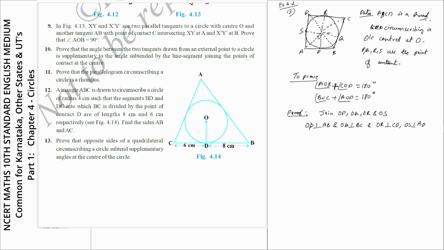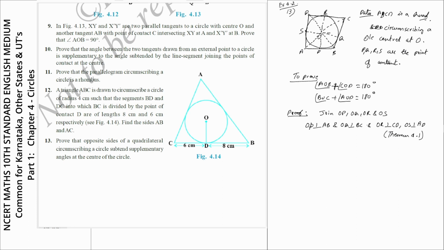Because tangent and radius at the point of contact are always perpendicular to one another, according to theorem 4.1. OP is the radius and AB is the tangent, so they make an angle of 90 degrees. Similarly, all the radii and tangents in the figure are perpendicular to one another according to theorem 4.1.